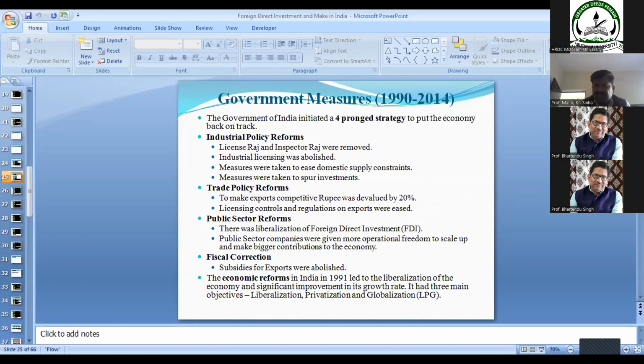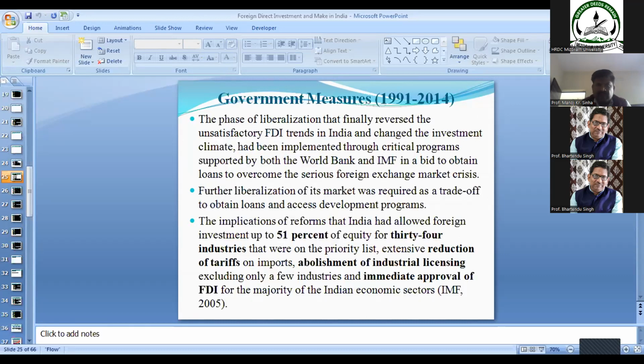And due to this, we can see the impact on the FDI policy and economic growth of India. As an implication of this reform, the government of India allowed foreign investment in the form of FDI up to 51% of equity.